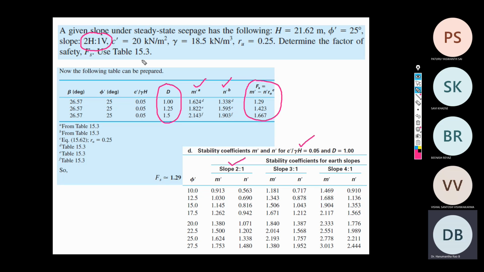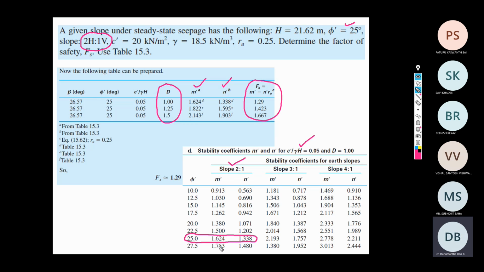Another parameter you need to look into is the value of phi dash. Here it is given as 25, and corresponding to 25 you pick up the values of m dash and n dash for a slope of 2 horizontal to 1 vertical. For phi dash of 25, m dash is 1.624 and n dash is 1.338.